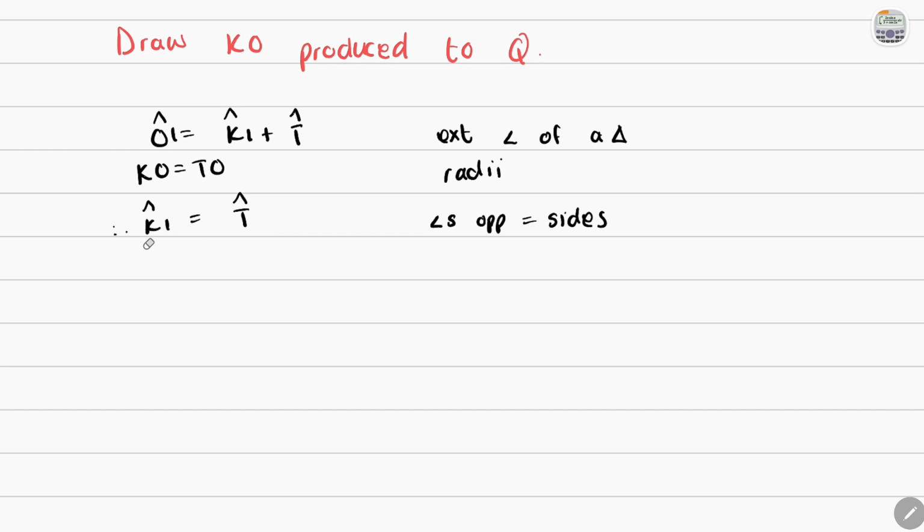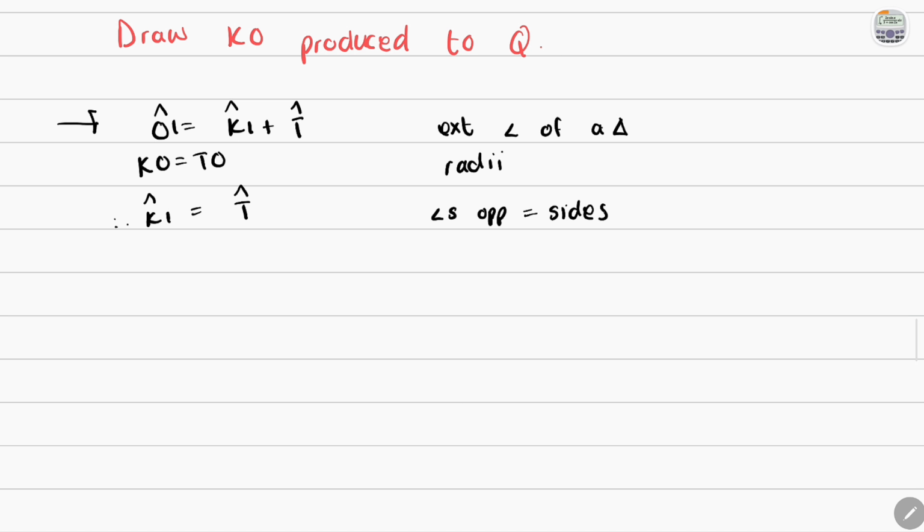Now that we know these two angles are equal, we can update this equation. Angle O1 is equal to angle K1 plus angle T, but angle T is equal to angle K1, so plus angle K1. And so this means angle O1 is equal to 2 angle K1.